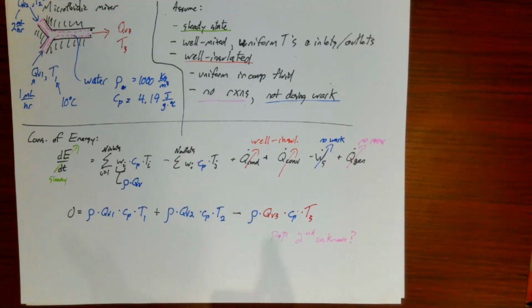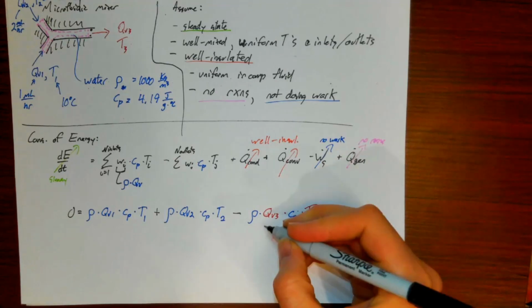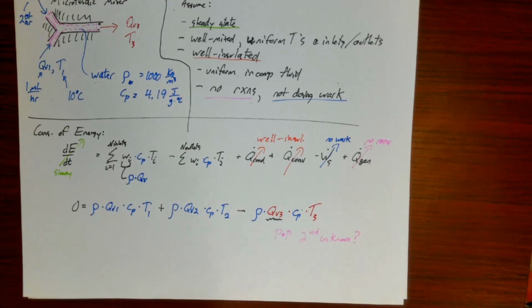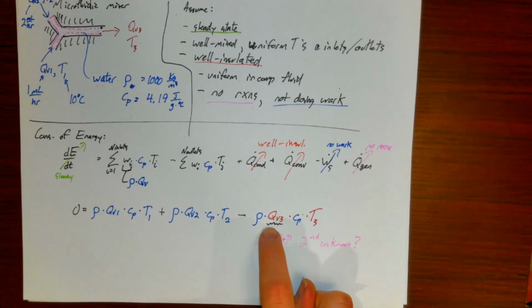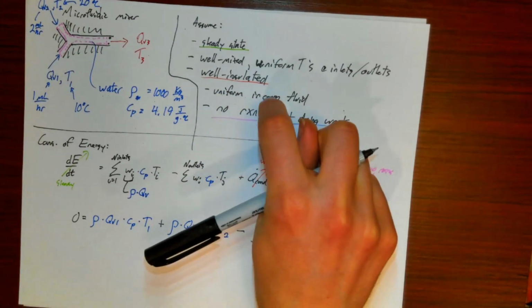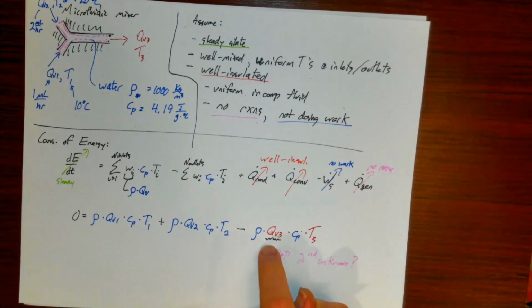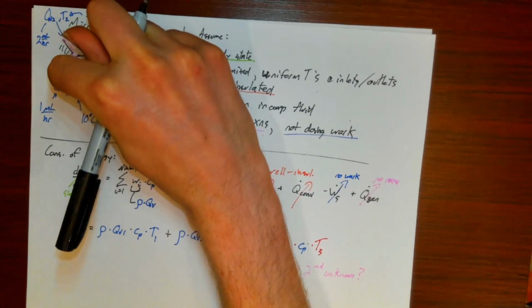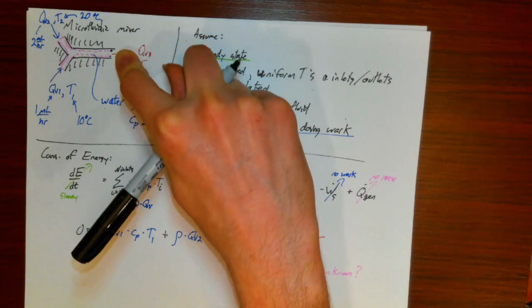Well, hopefully you've had a chance to pause and ponder. To resolve the second unknown, I might get information about the volumetric flow rate at the outlet. Again, we assumed a uniform incompressible fluid, so whatever volumetric flow rates are flowing in should match the volumetric flow rates out.